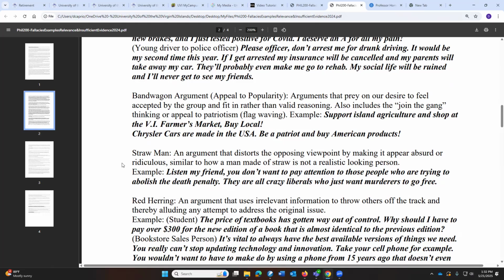Right? Chrysler cars are made in the USA. Be a patriot and buy American products. Once again, just because it's made in America doesn't necessarily mean it's the right car for us to buy. There's a lot of reasons why a car would be correct for us to buy: price, performance, the fact that it's a car that we can depend on.